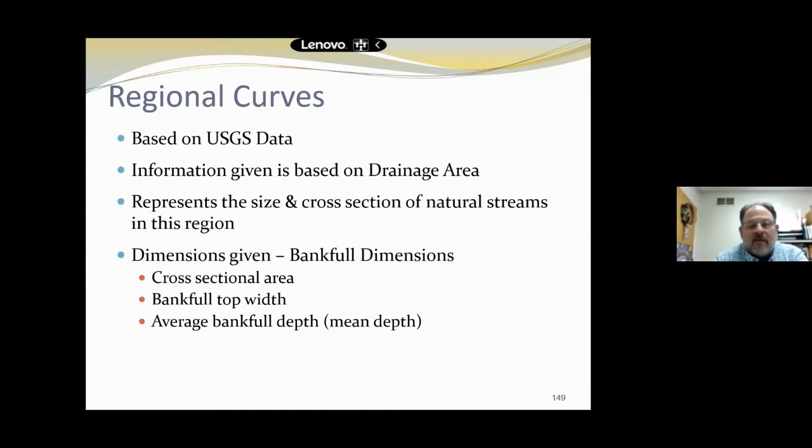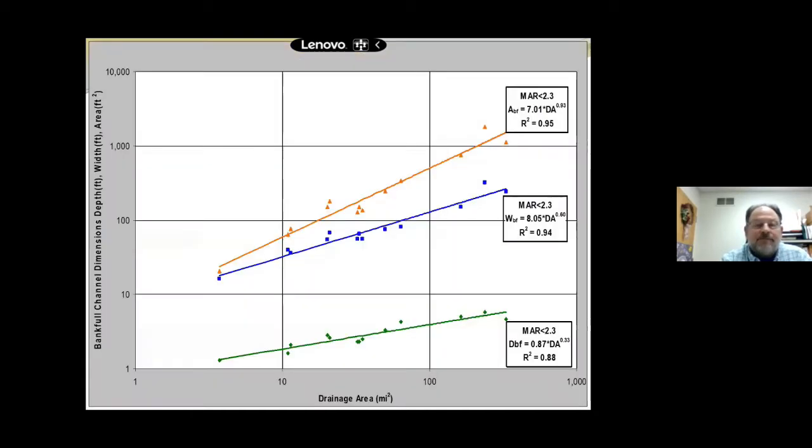We have many regions in New York State, so there are different maps or different charts based on the region that the stream is in. The dimensions given are the bank full dimensions: cross-sectional area, bank full top width, and the average bank full depth on the charts.